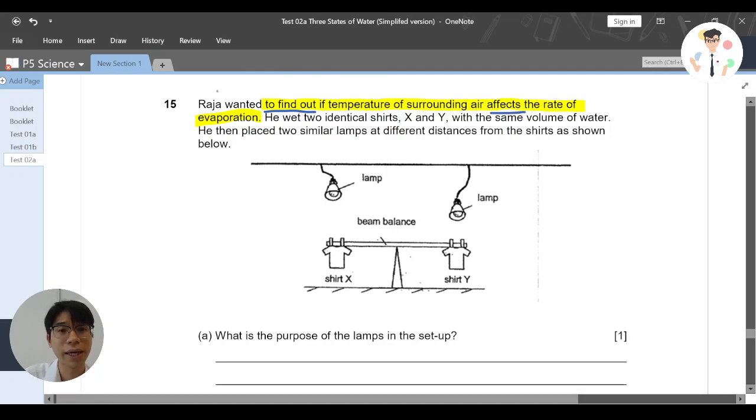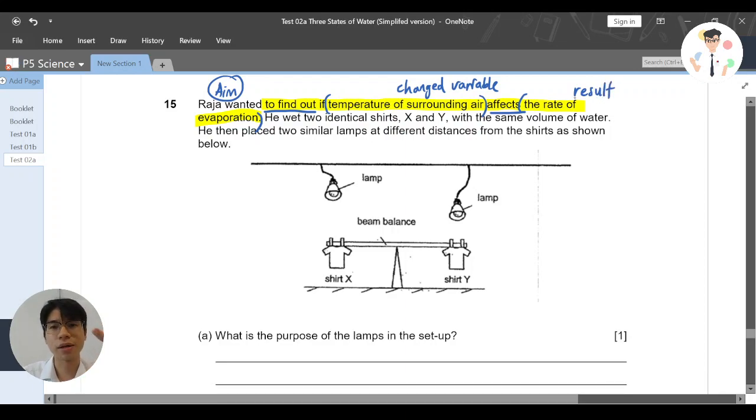This is actually the aim of the experiment. So temperature of surrounding air is the changed variable, something I need to change to test the result. But the rate of evaporation is the result that I want to see.